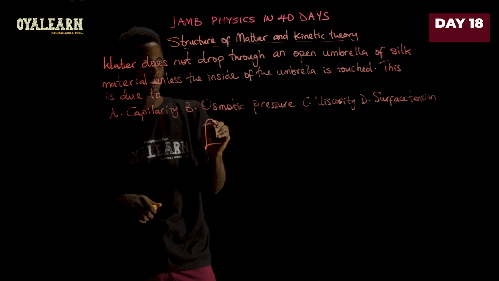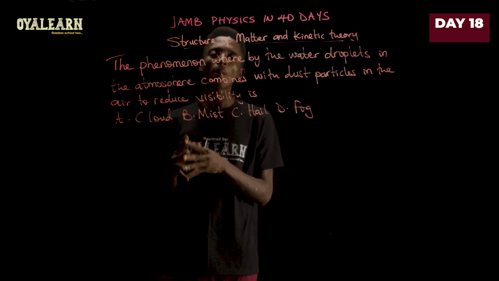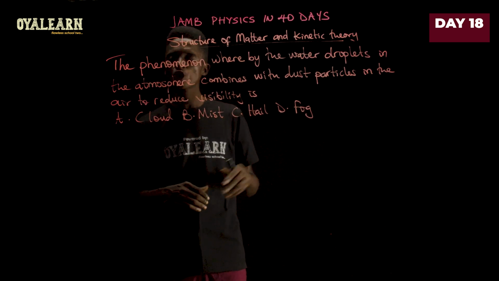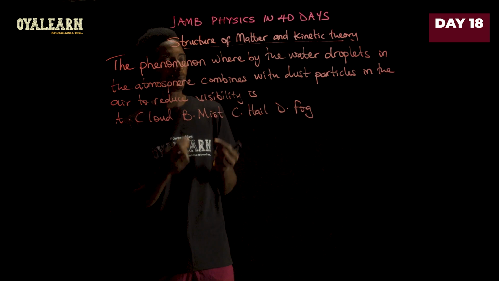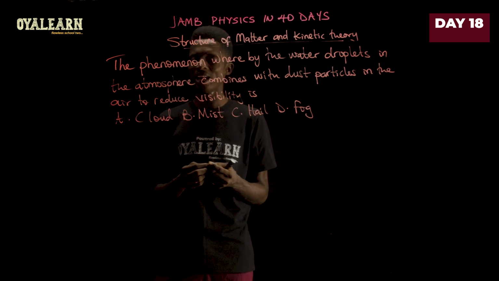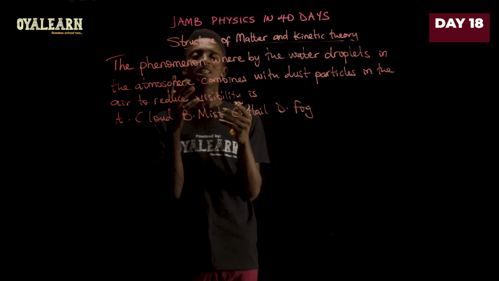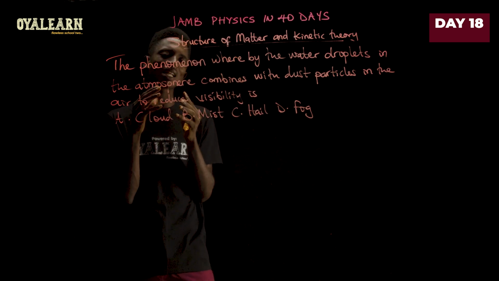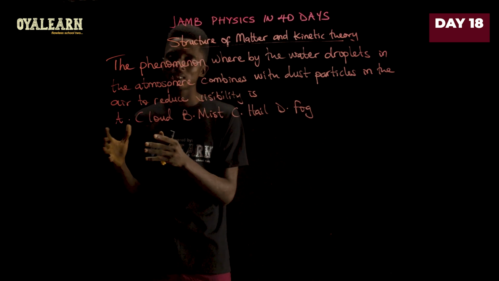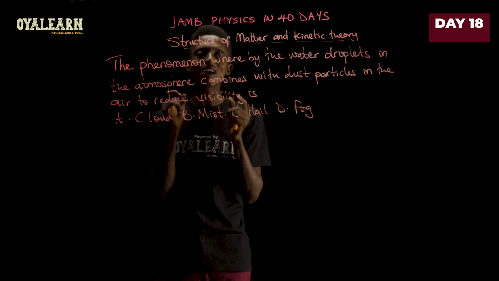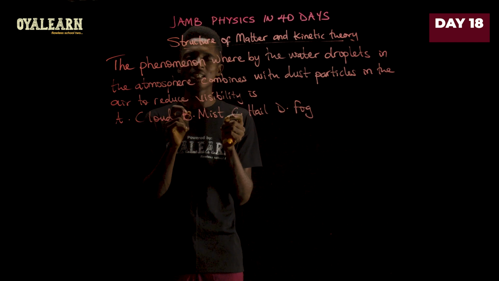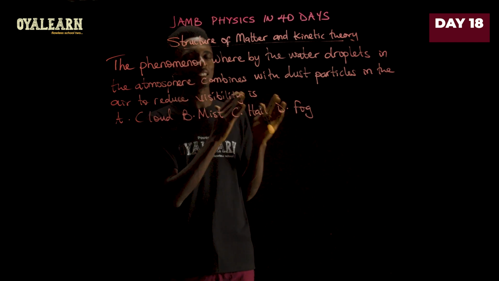That is option D. The phenomenon whereby the water droplets in the atmosphere combine with dust particles in the air to reduce visibility is. Now, some of the statements in this definition are similar to what creates what we know as mist and fog. However, there is a difference between mist and fog.